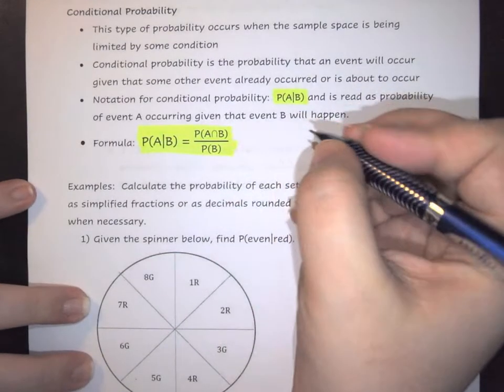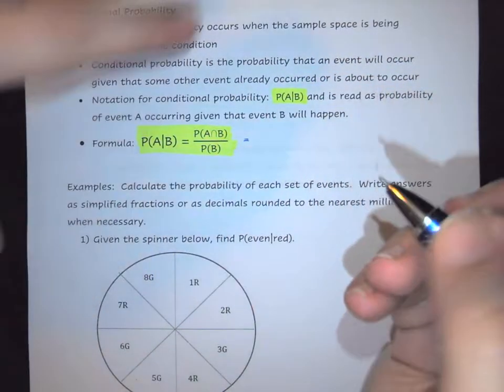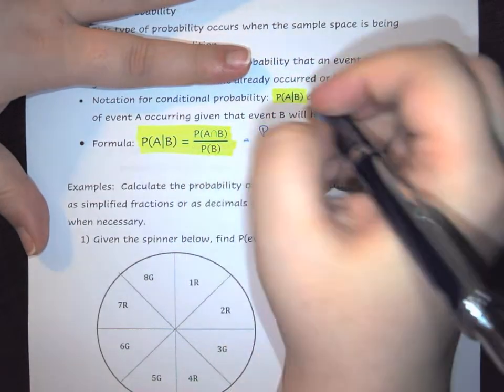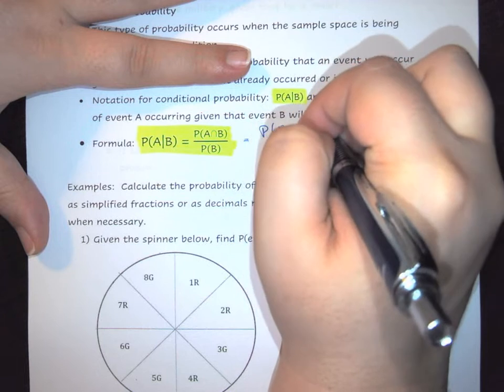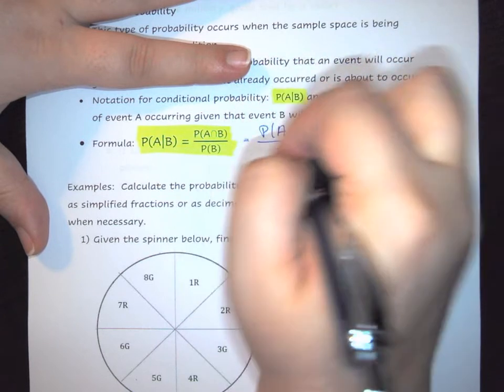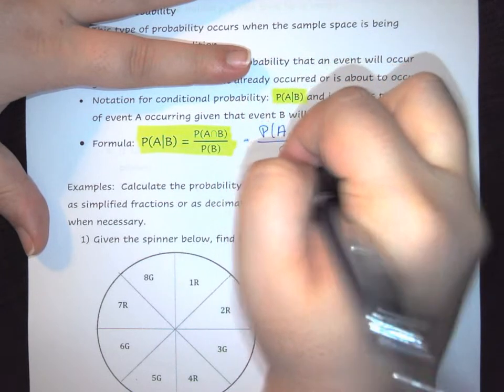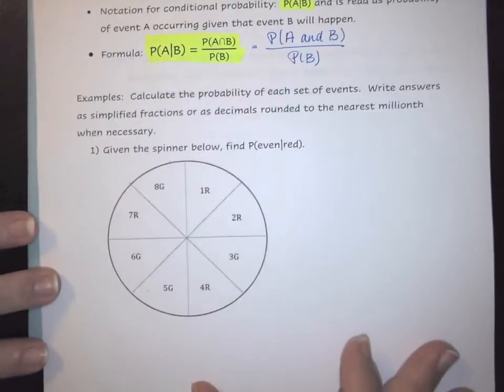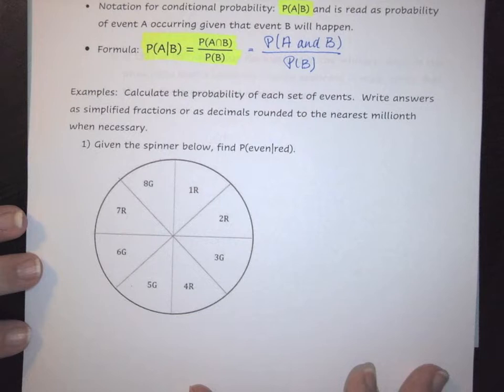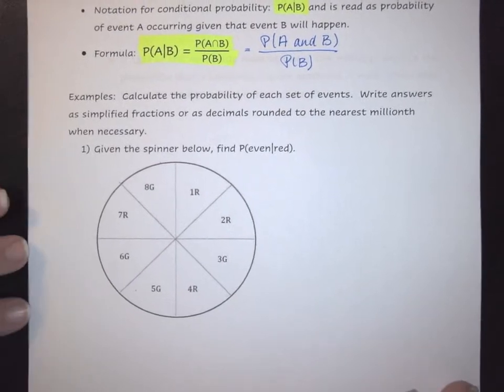One of the ways you could write that in words is we are really looking at the probability that A and B occur given the probability of B.